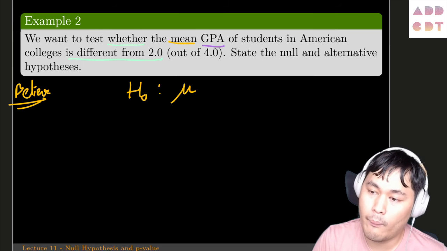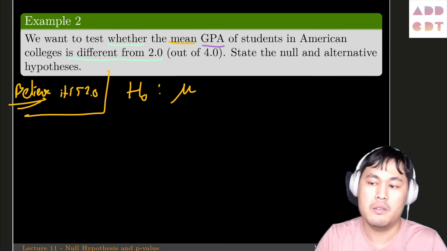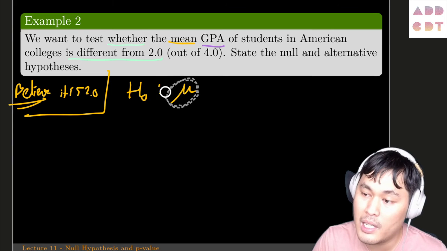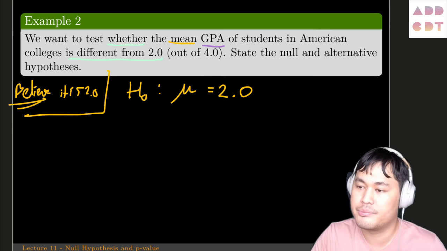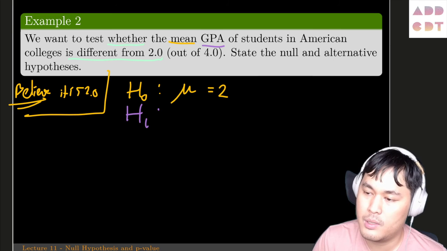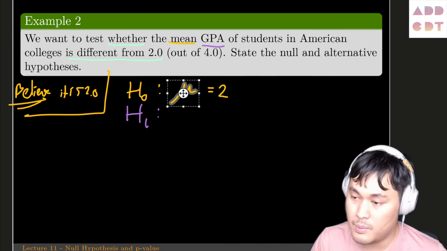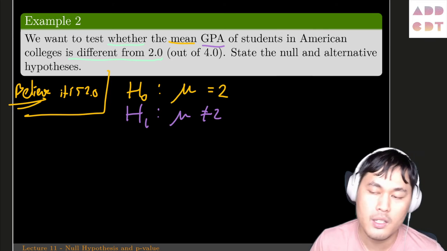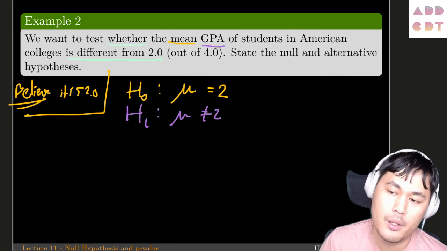So let's say we believe that it is 2.0. Then we say the average is equal to 2. And of course the alternative is the negation: if you believe it is 2, then the alternative is that it is not 2, which can be expressed with the inequality sign. And so that's all for the null and alternative hypotheses.